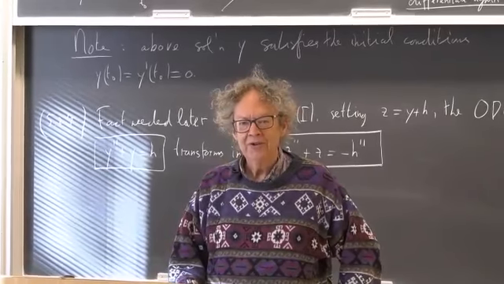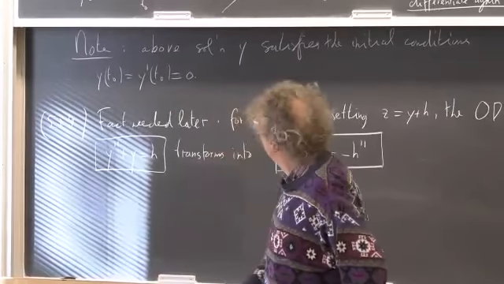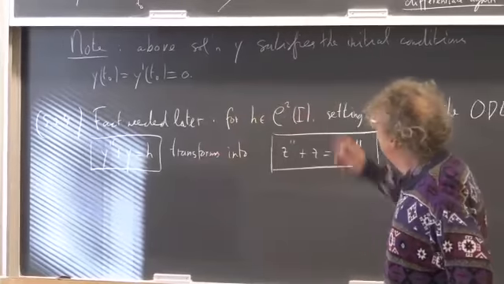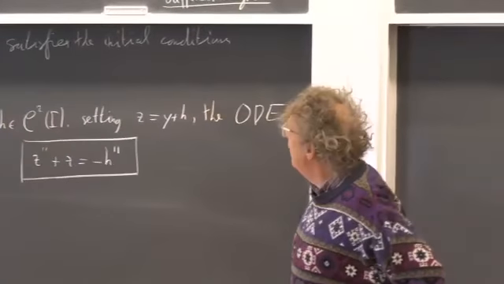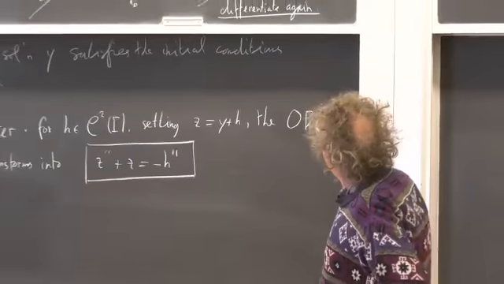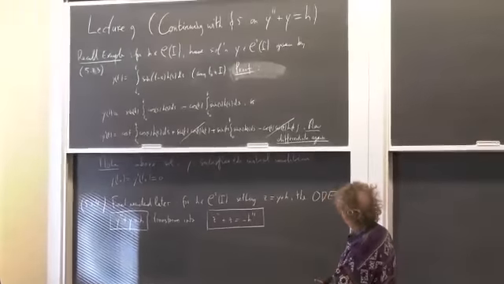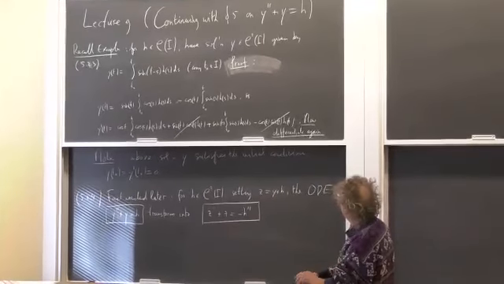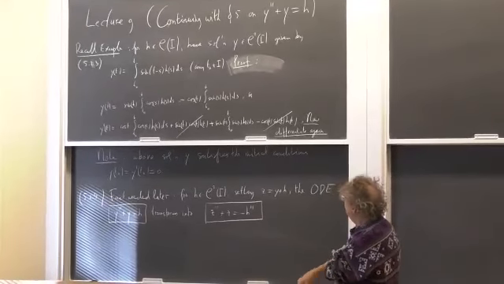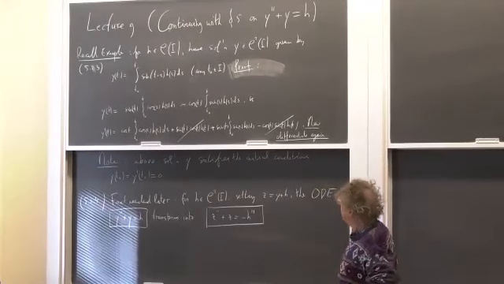Shall I start? Okay, so I want to repeat a few things that I ended up with last time. We still want to look at this second order linear differential equation and briefly get back to this example.